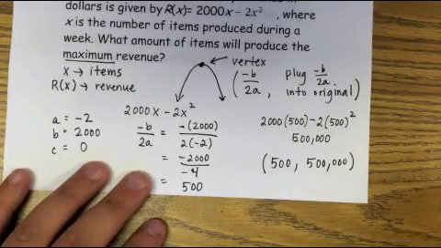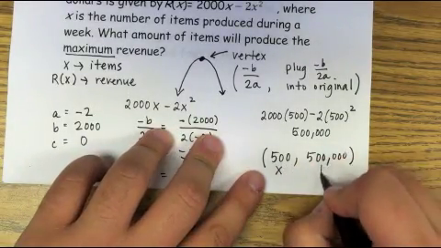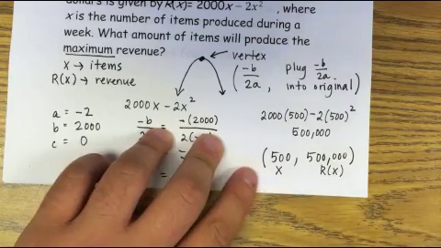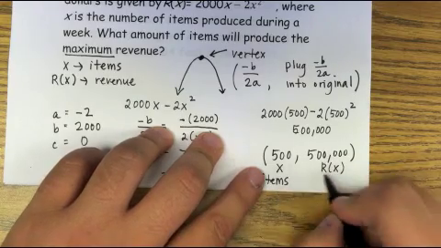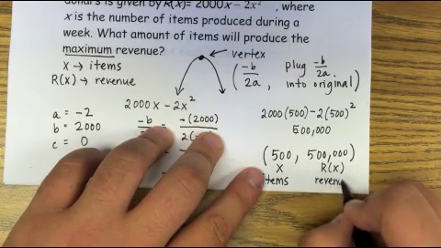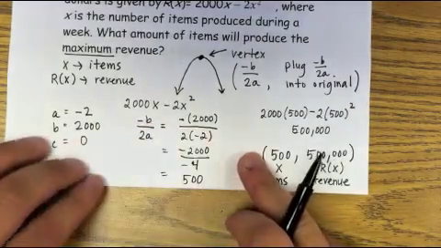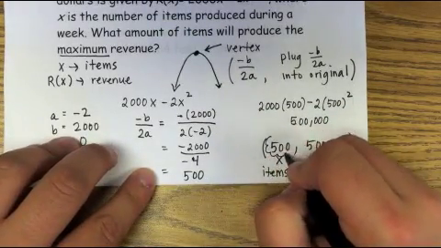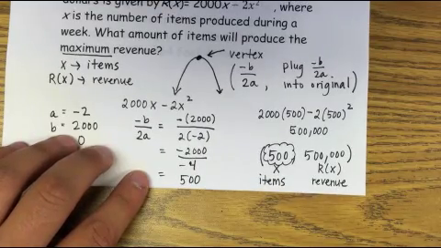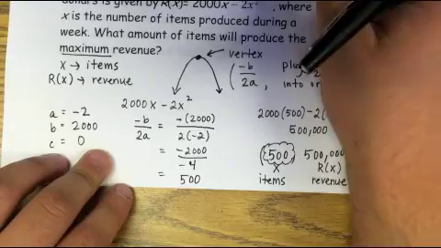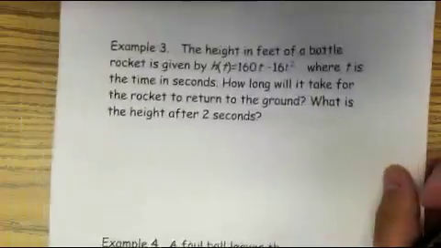That's right, because x was items and this was R of x. So this is the items, and this is the revenue. So the answer you're looking for, if this was on a multiple choice test, for example, would be 500. 500 items would give you the maximum revenue. Okay? All right, let's look at another one.